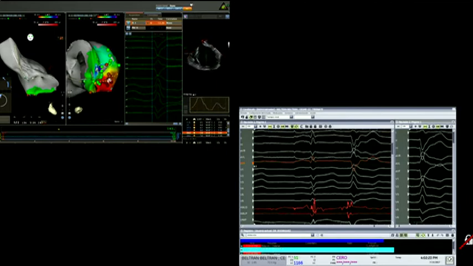Yeah. Okay. So there was another PVC that had a left bundle branch block morphology. There was a little variance of the, I think Luis explained, with the notching, with more notching and less notching and a little bit wider. After we gave the first RF application, we had a few PVCs back and they were a little bit wider.